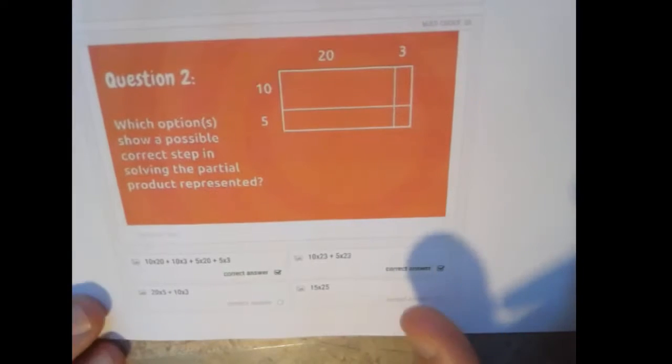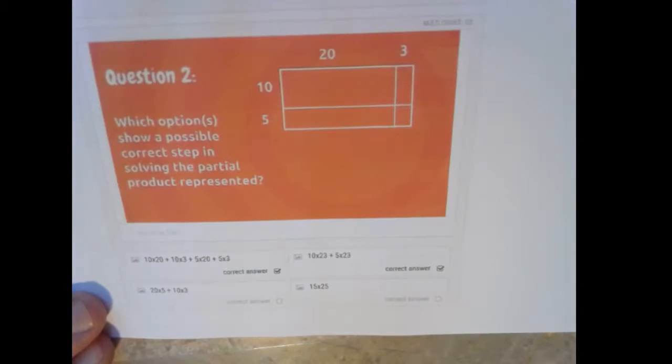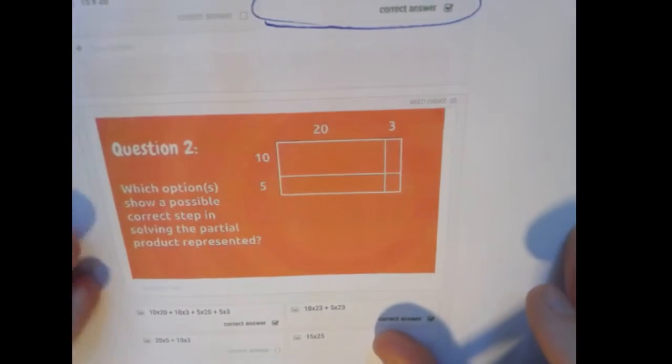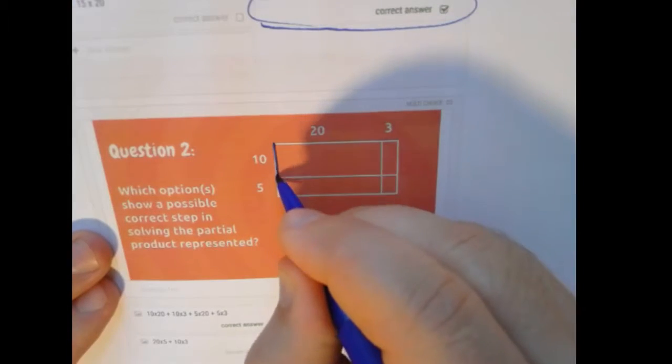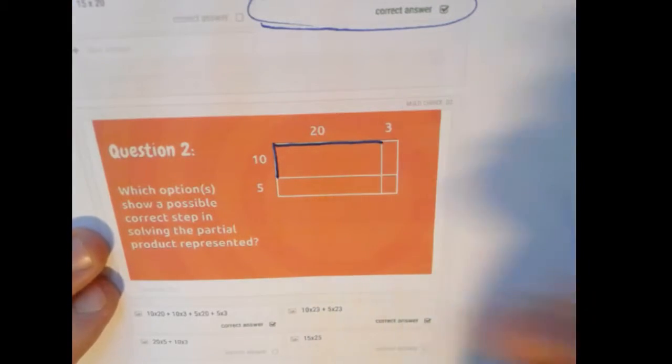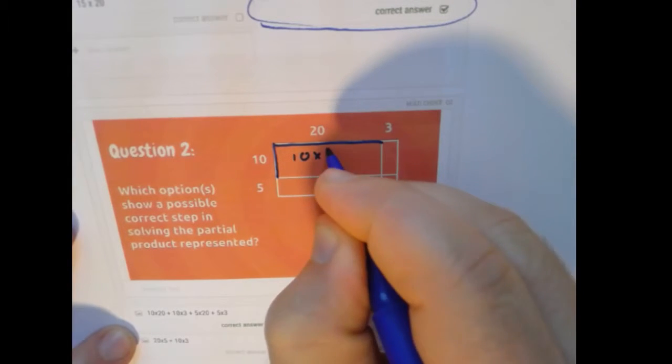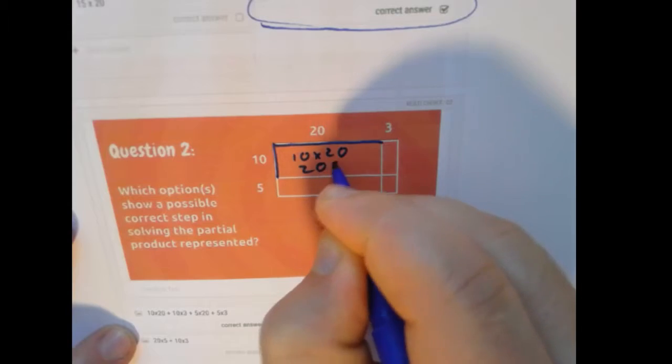How about down here? Which options show possible correct steps in solving the partial product represented? Okay, so what is 10 times 20? That would be 200.